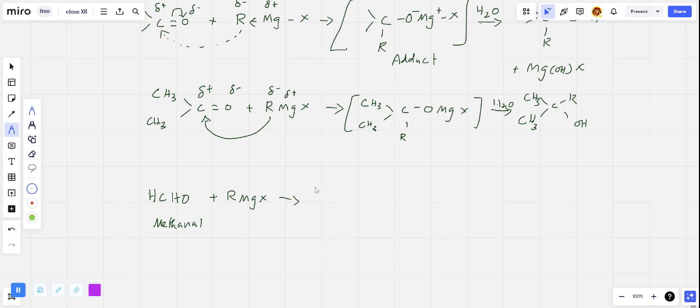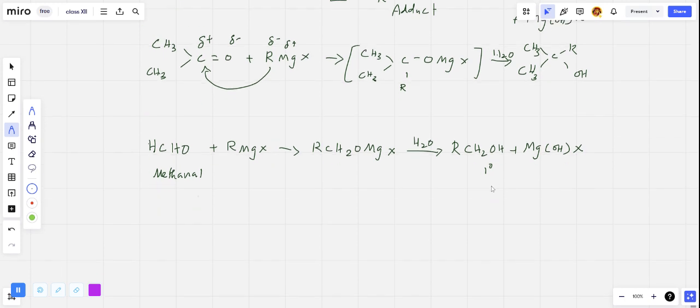We will get an adduct R CH2 OMgX. On hydrolysis of this one, it produces primary alcohol, R CH2OH plus MgOHX. So this is a primary alcohol.